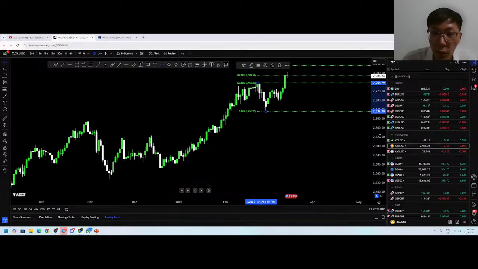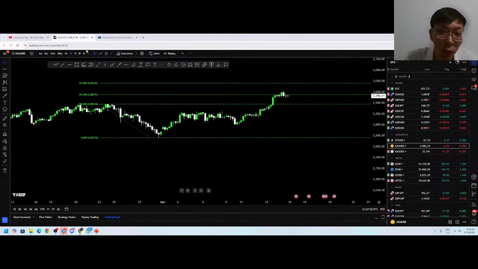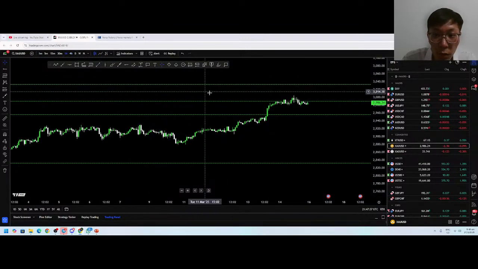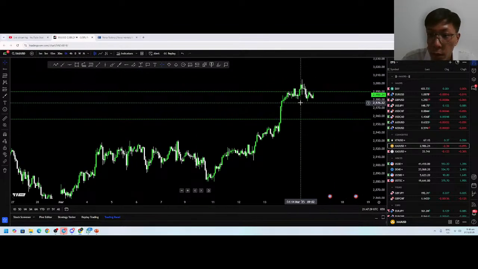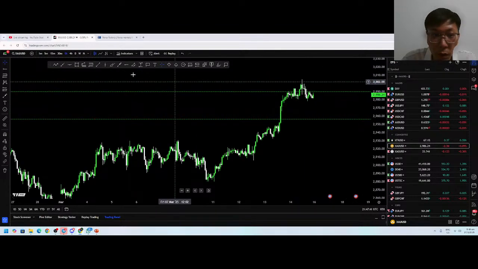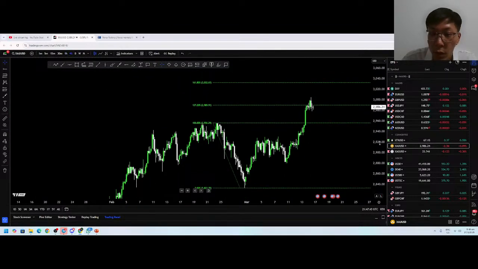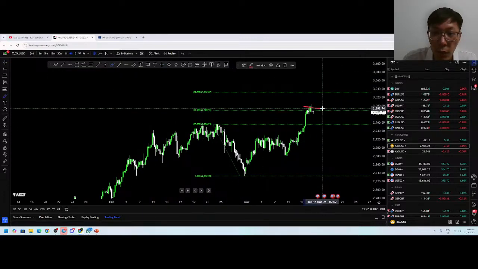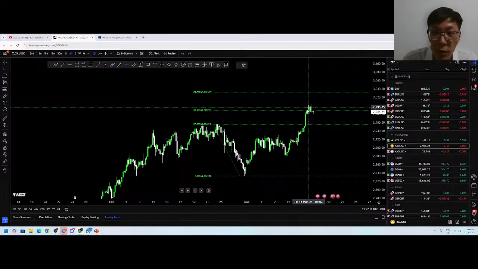If I were to mark out these levels right here, I go to H4, we can see that 127.2% is still hovering at this level over here. Okay, so let's see if price will actually.